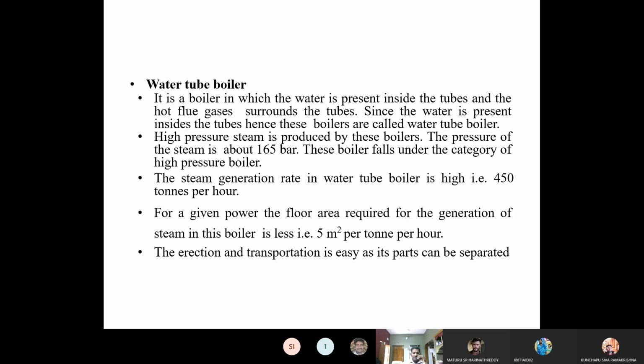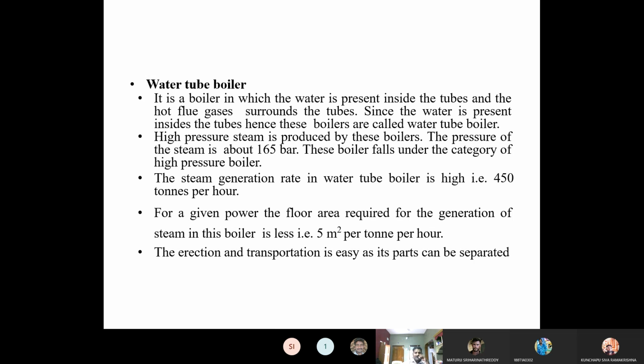For a given power, the floor area required for the generation of steam in this boiler is as little as 5 square meters per ton per hour.